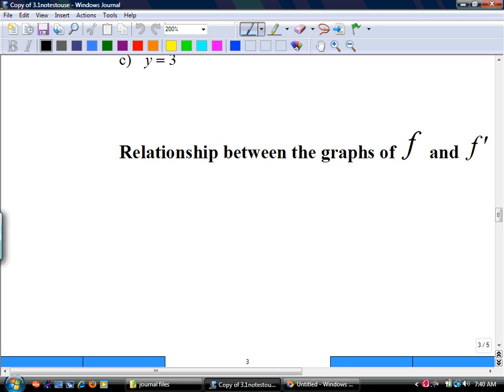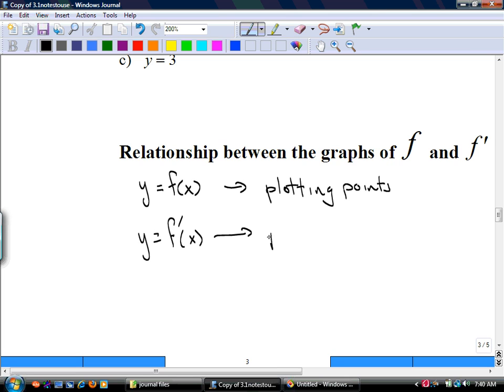When we graph y equals f of x, what we're doing is plotting points. When we graph y equals f prime of x, we're plotting slope.